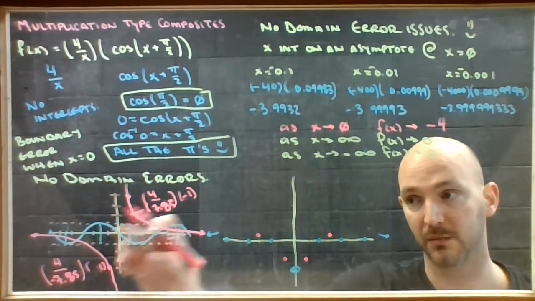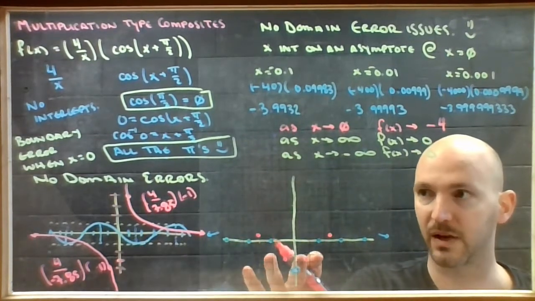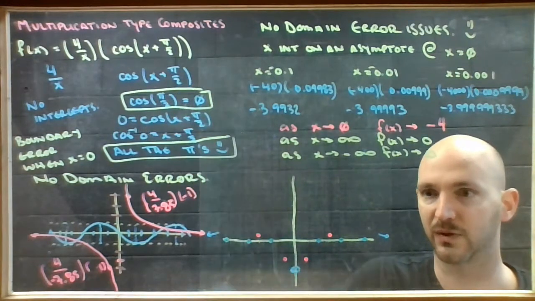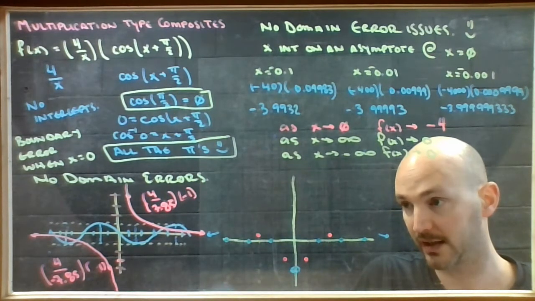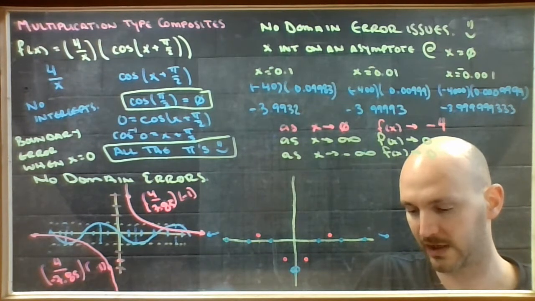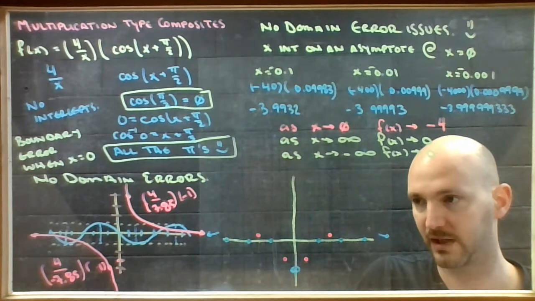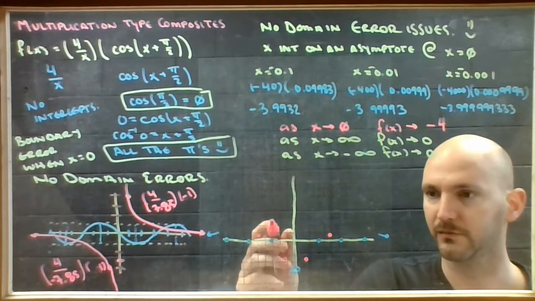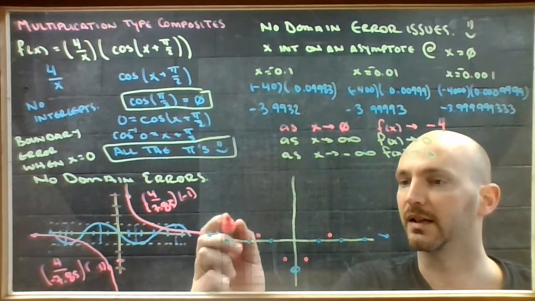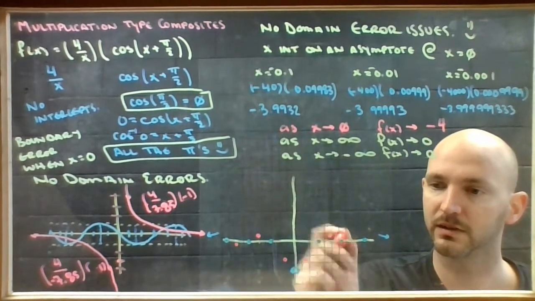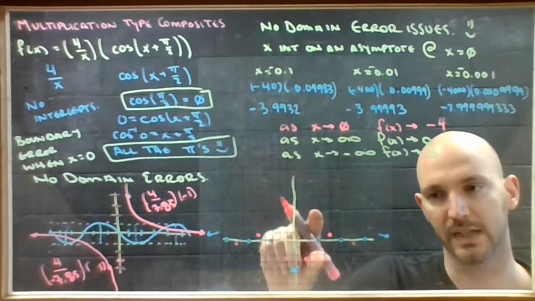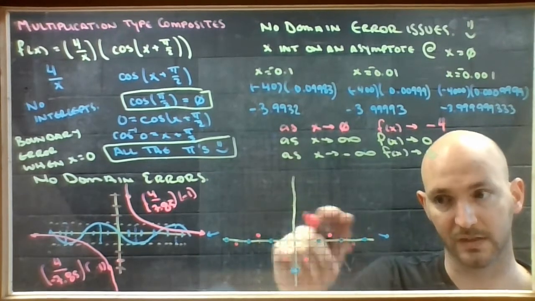So notice I'm getting both negatives. Notice this thing is very symmetrical, right? Cosine, that's a feature of cosine. So 4 divided by 7.85 is 0.5. So on this side I'm at half over here. Do you see how these peaks are shrinking?